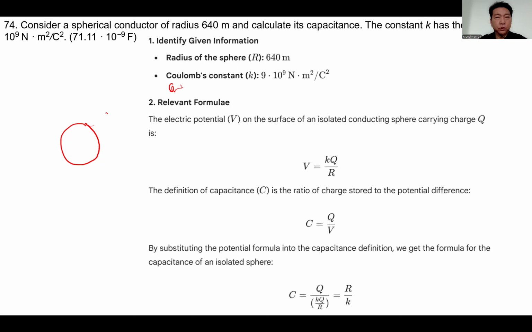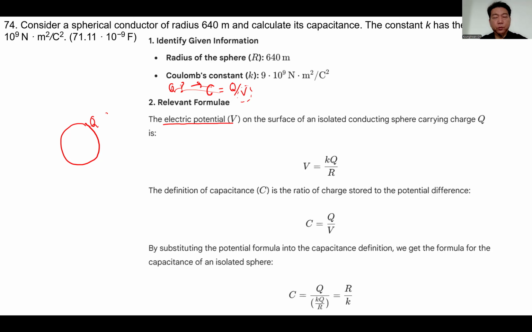The charge is not known, but we have to find C. That means C is given by Q over V, and we need to find V. We assume that we are going to have a Q, and then try to find the electric potential V on the surface of the isolated conducting sphere.